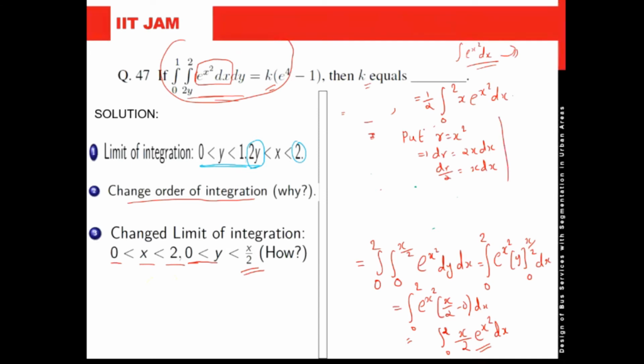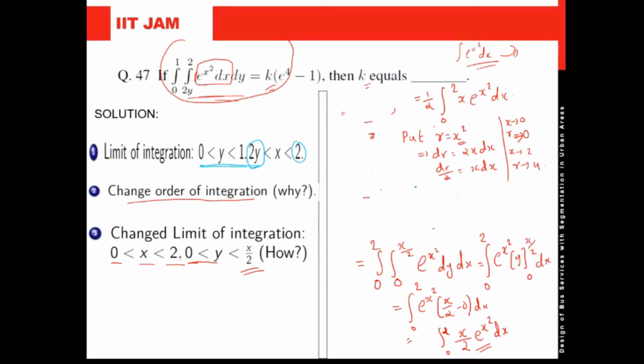And if you put the range, as x tends to 0, r goes to 0, and as x tends to 2, r tends to x square, that is 4.